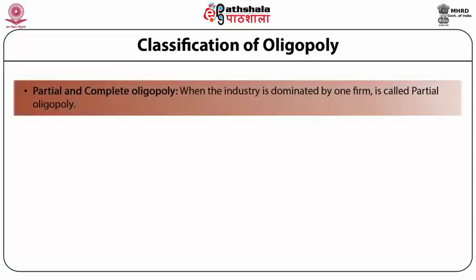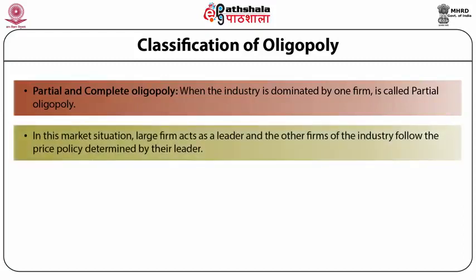Partial and complete oligopoly. When the industry is dominated by one firm, it is called partial oligopoly. In this market situation, the large firm acts as a leader and the other firms of the industry follow the price policy determined by their leader.